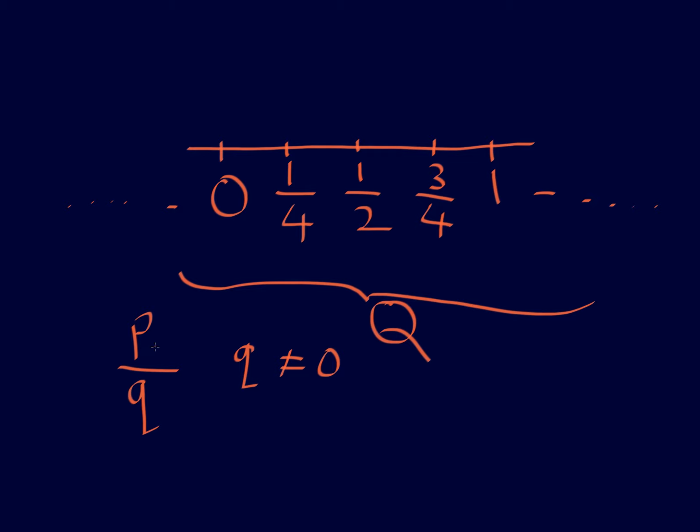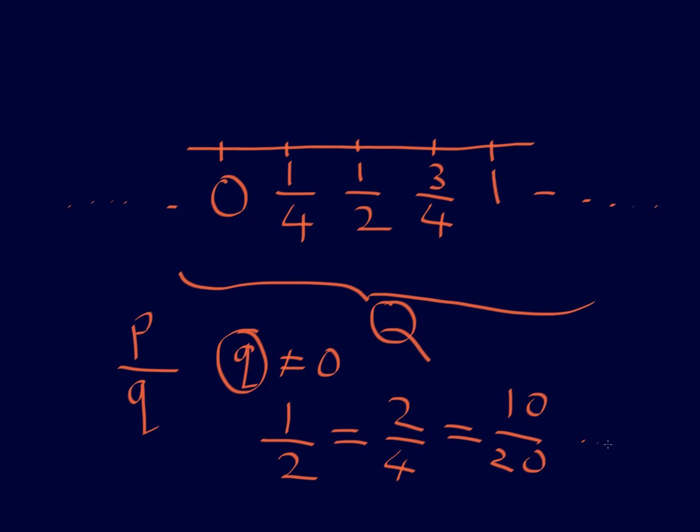An important thing to look at is that q is not equal to 0. So you can represent them as p over q, and q is not equal to 0. Another point is there are multiple such representations. So 1/2 can be represented as 2 over 4, or also 10 over 20, and there are many more such representations.